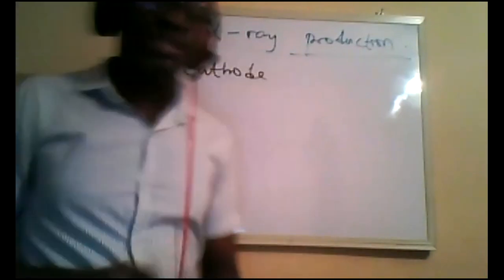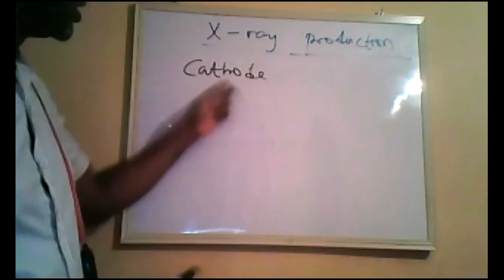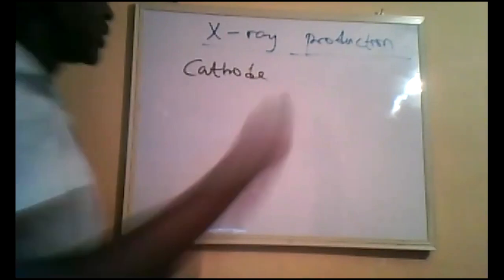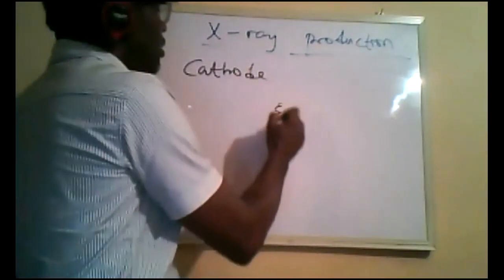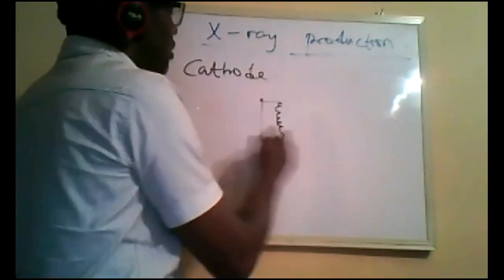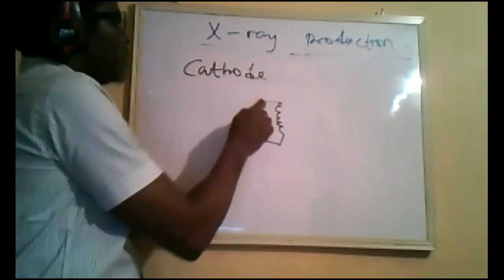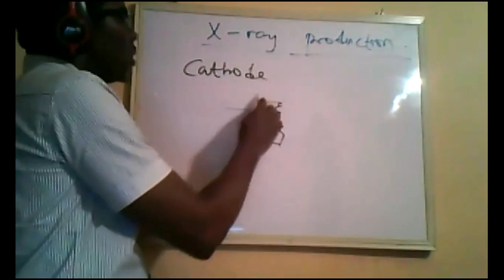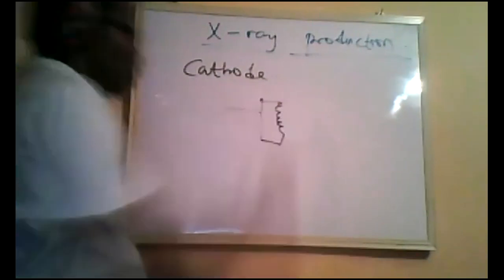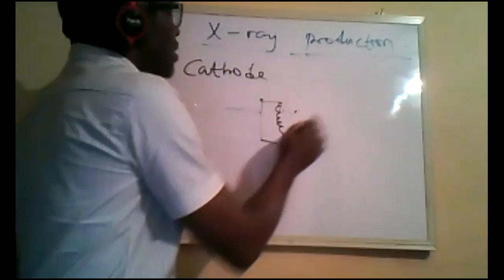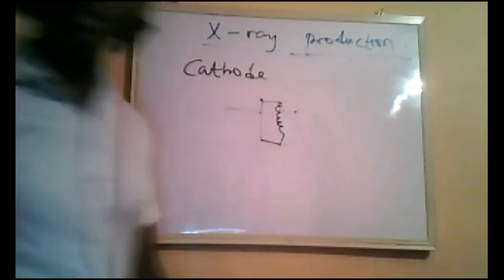The cathode is essentially the negative electrode, the electron producer. It is actually the filament, the whole component, and wherever it is connected to. This whole compartment is known as the cathode. The filament is where the electrons are generated and stream towards the anode.